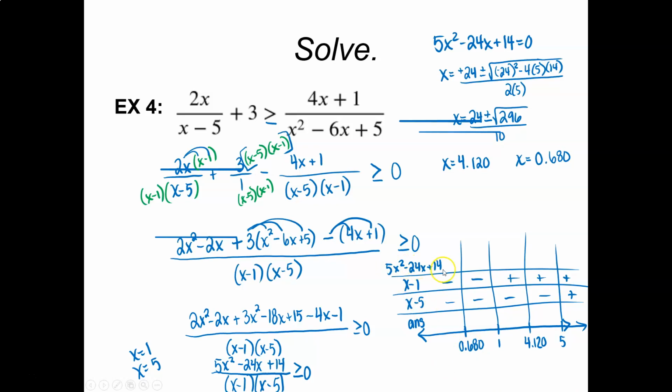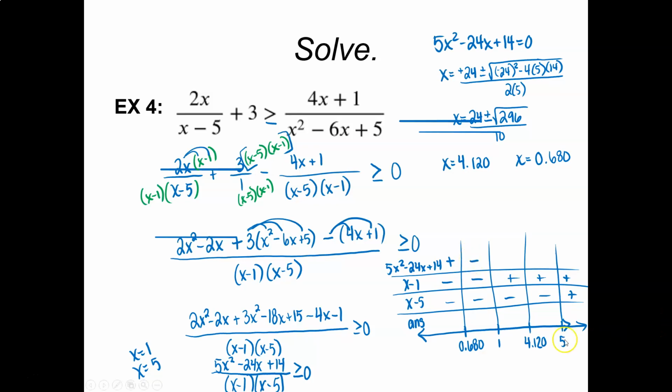If you plug in 0 to this, you'll get 14, so that will be positive. Then if we pick a number between 0.68 and 1, maybe like 0.8, I type that in and I get negative 2, so that one's negative.